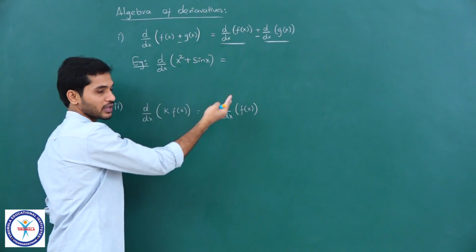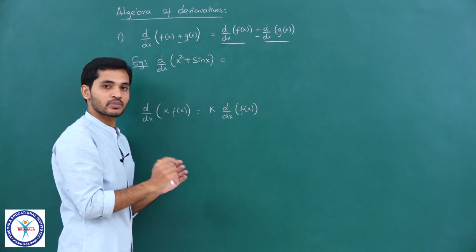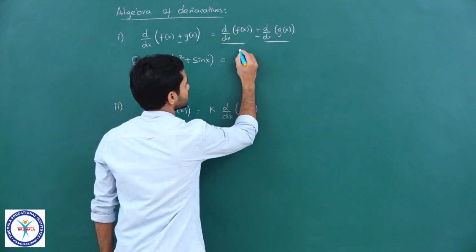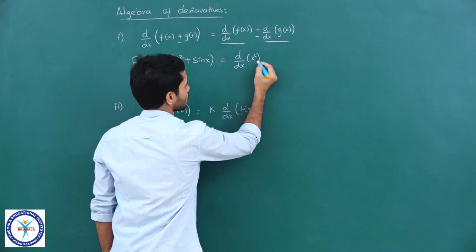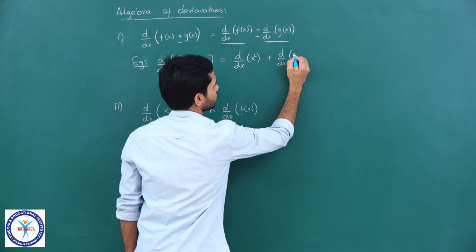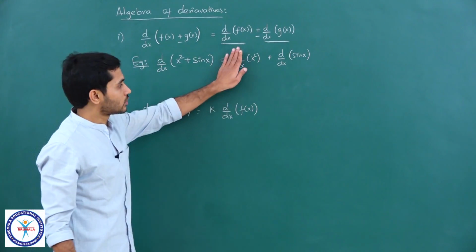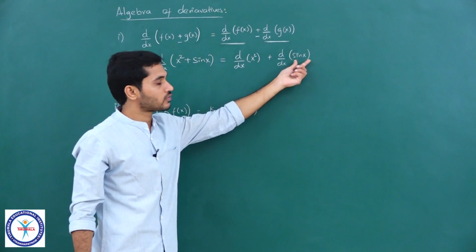So, we can separate them out, find the derivative of each function individually and then perform the operation between them, which is sum, right. I can write it as d by dx of x square plus d by dx of sin x, correct. So, d by dx means derivative of x square, derivative of sin x.